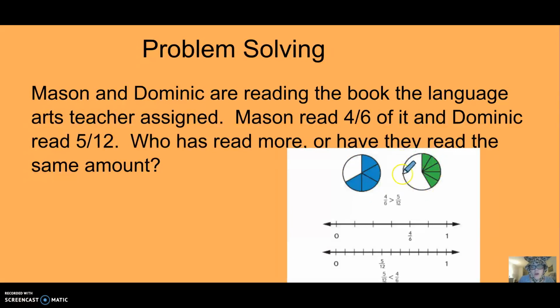Again, the same whole, my circle. It's divided into 12 equal parts, and 5 of those are colored in. I can see from the shading that more of this circle is shaded in than this circle. So I can see that 4/6 is greater than 5/12.